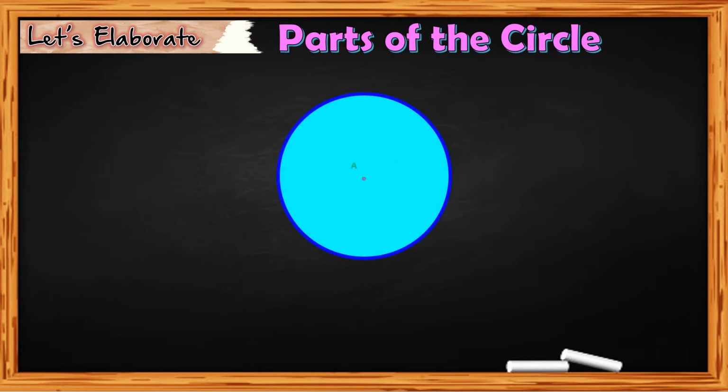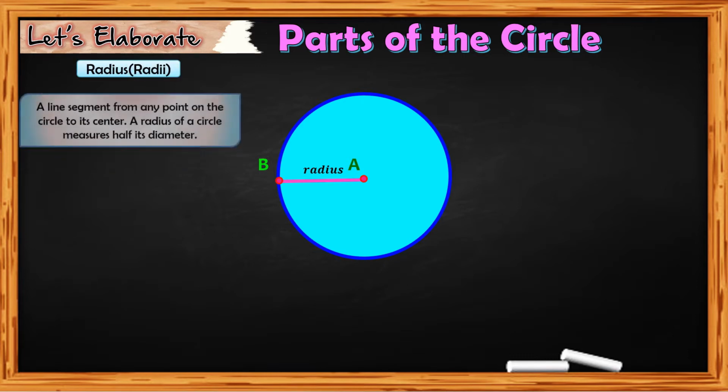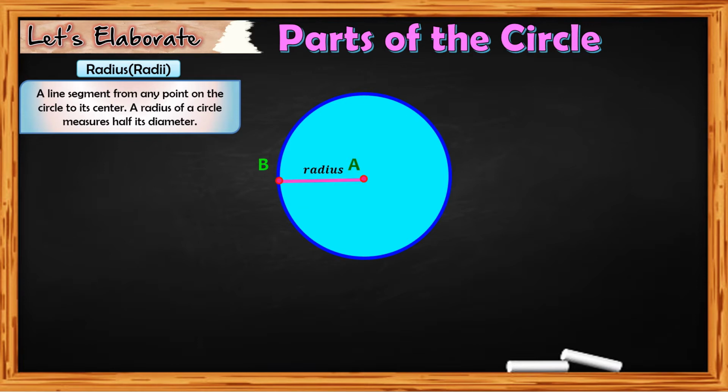Given circle A, first we have the radius. Two or more radius is considered radii, a line segment from any point on the circle to its center. A radius of a circle measures half its diameter. So we have line segment AB. Next, we have the diameter.